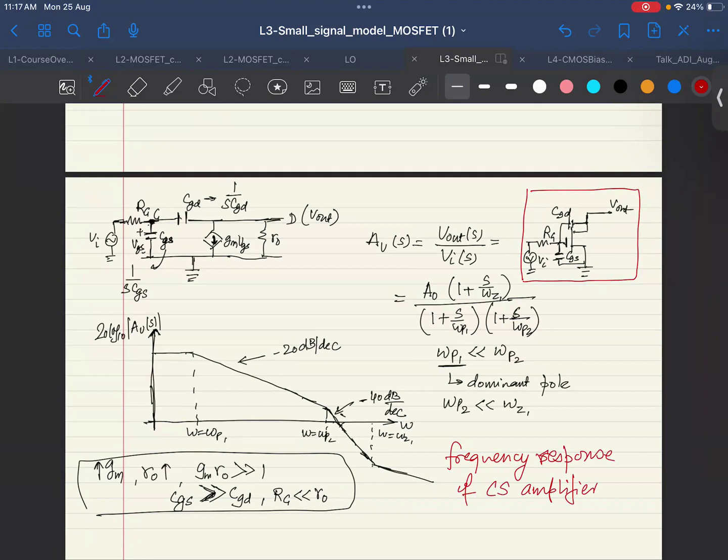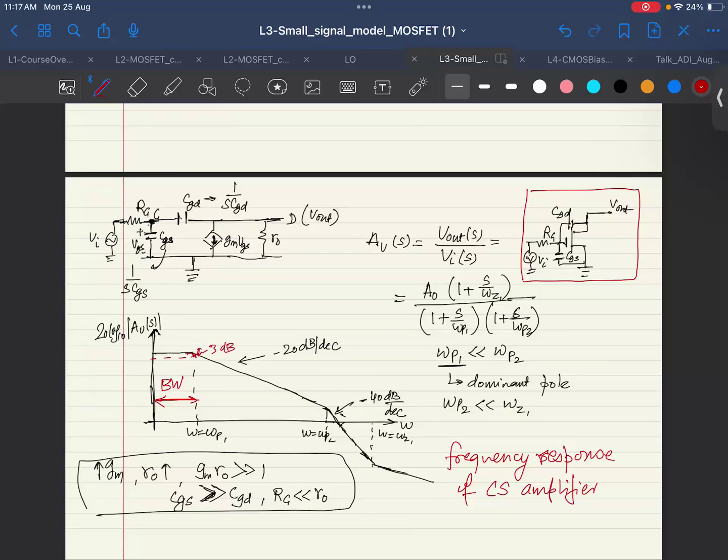Now, where is the bandwidth? If we were originally concerned with the bandwidth, right? We said, okay, what is the speed of these circuits? So now from this, we can see that this would account for the 3 dB bandwidth, because the gain would be minus 3 dB here.